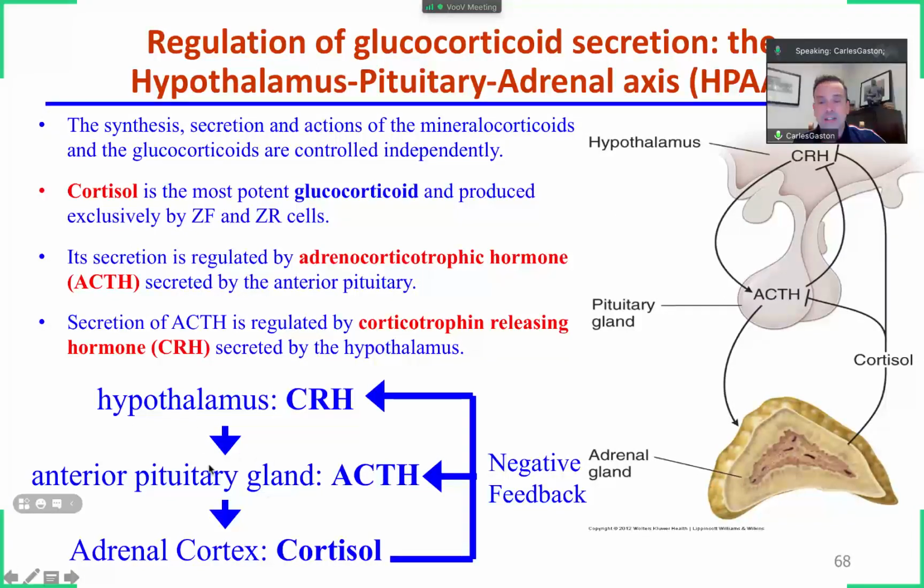Hypothalamus activates anterior pituitary. CRH, or corticotrophin releasing hormone, activates adrenocorticotrophin hormone, and it produces cortisol in the adrenal gland. But higher levels of cortisol in the blood inhibit the further secretion of CRH and ACTH.